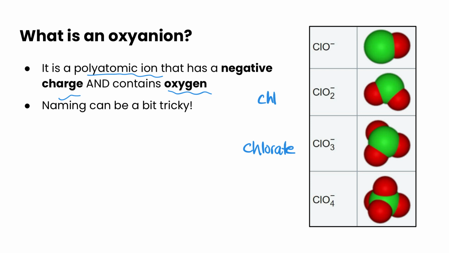We also have chlorite, which is one less oxygen. We have hypochlorite, which is two less oxygens. And then we have perchlorate. So the naming can be tricky because the names change depending on how many oxygens are present in the polyatomic ion. So how do we know what name to use and when?